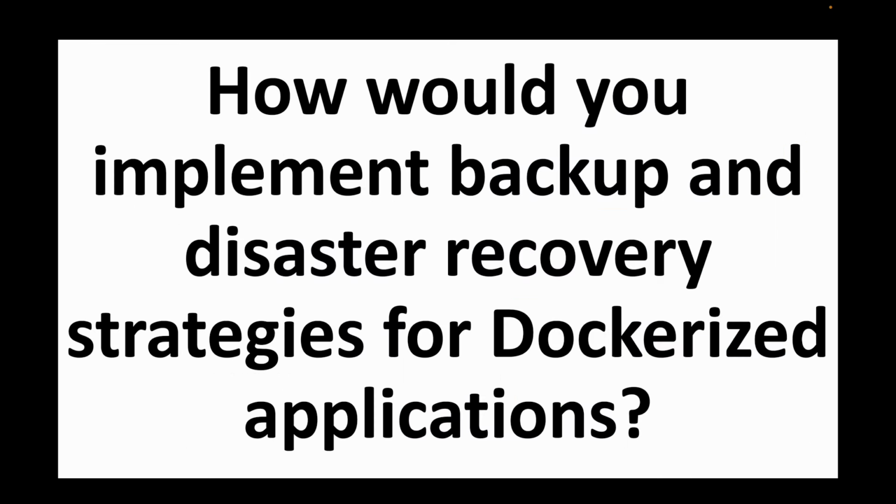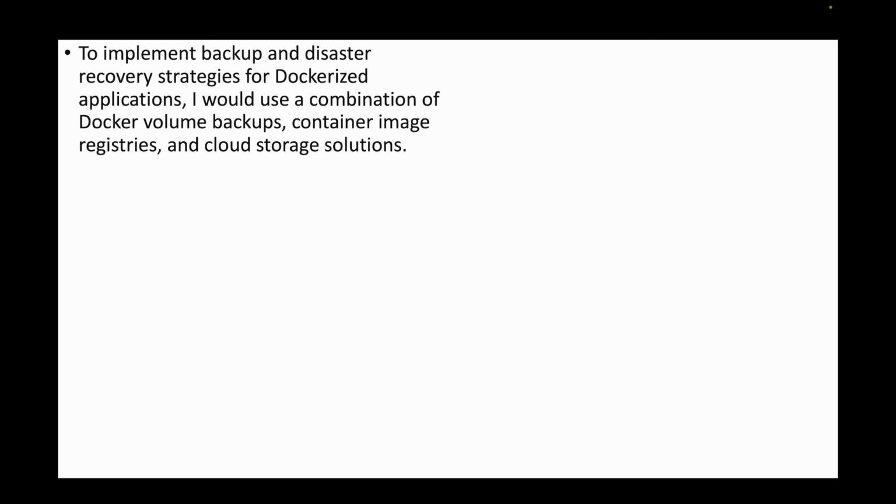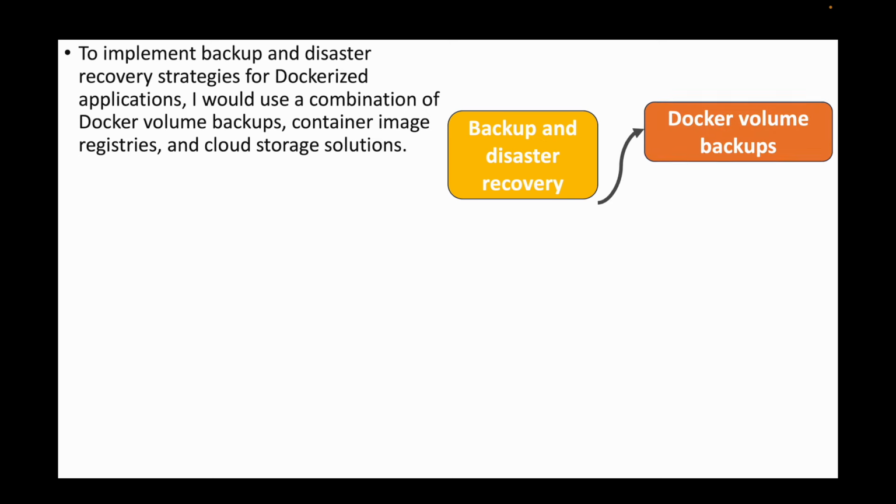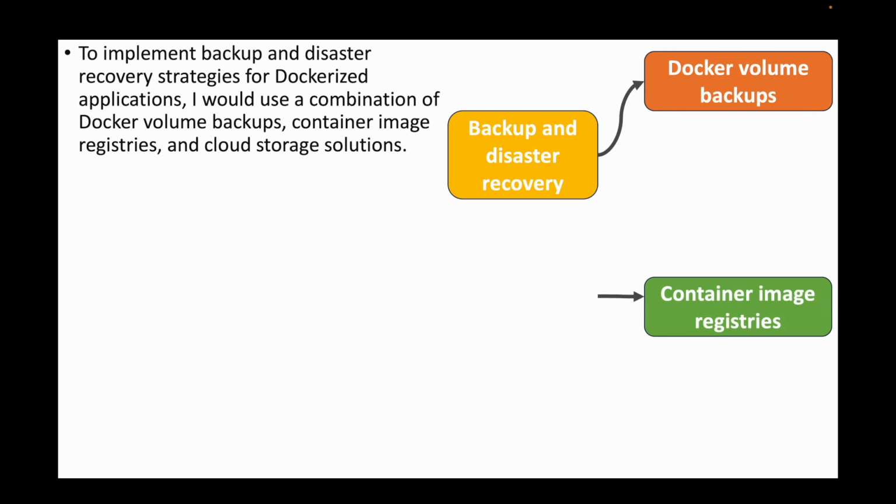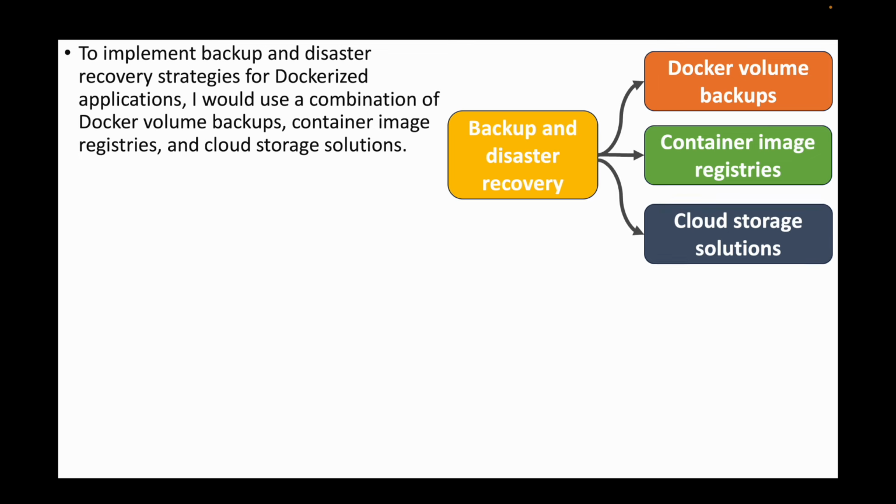The next question we have is, how would you implement backup and disaster recovery strategies for Dockerized applications? Now, whenever you want to implement backup and disaster recovery strategies for your containerized applications, then we can make use of Docker volume backups, container image registries, as well as cloud storage solutions.